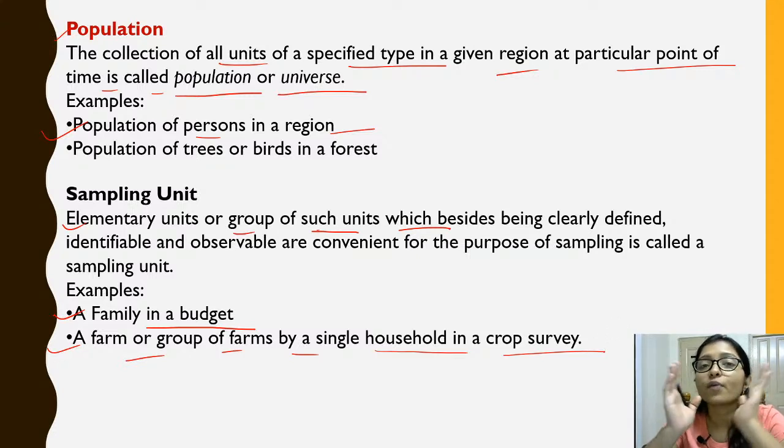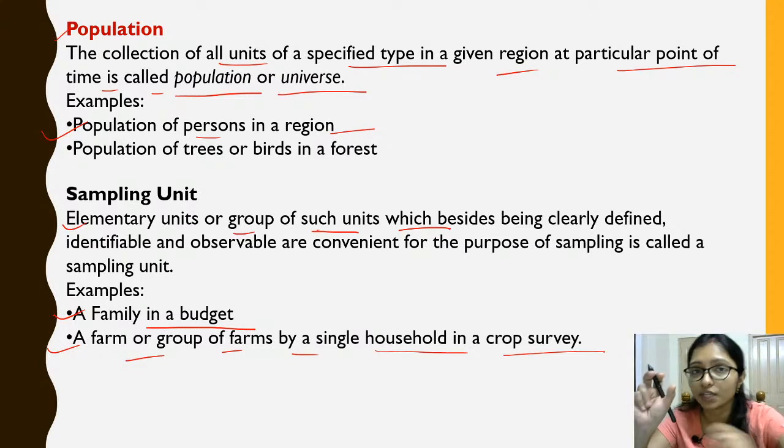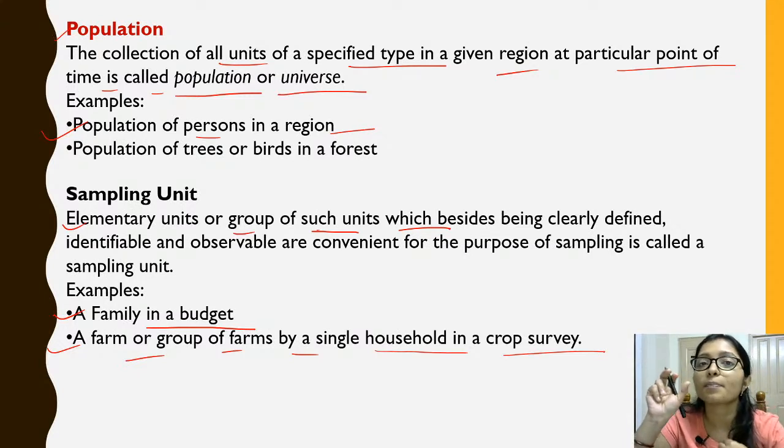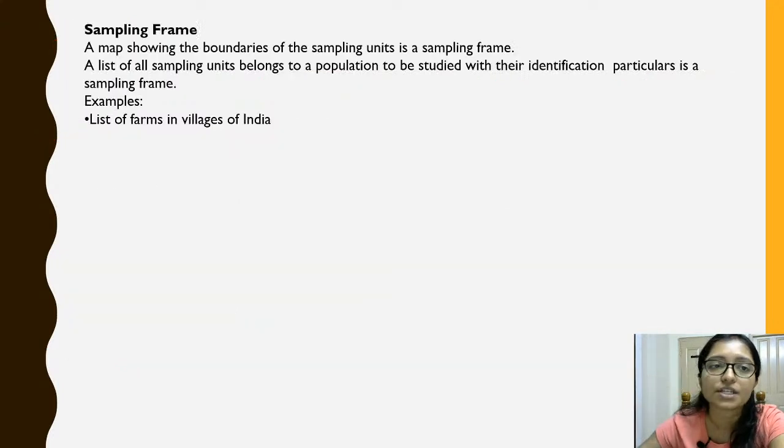Sometimes the unit may be per family, sometimes per person, sometimes per group. So that's why you have to fix some sample unit, right.